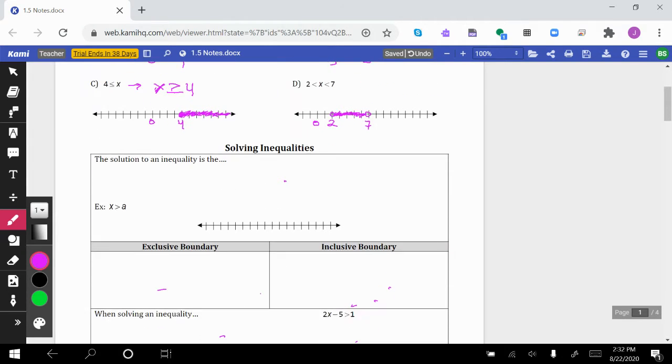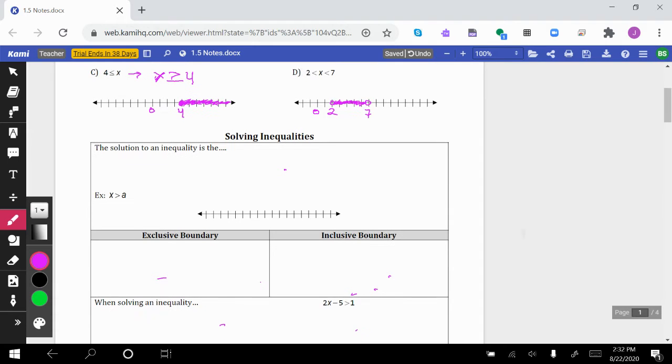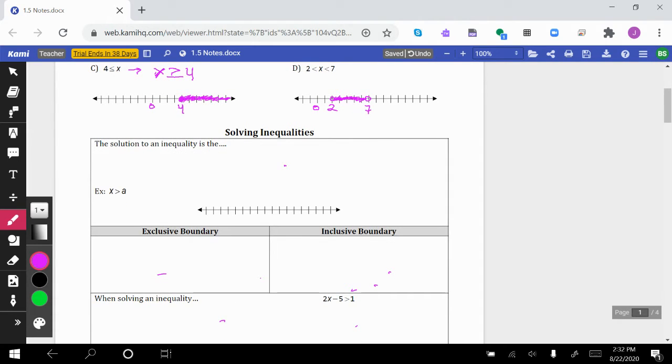So let's solve some inequalities. The solution to an inequality is all of the numerical values, so all of the numbers, that make the inequality true.